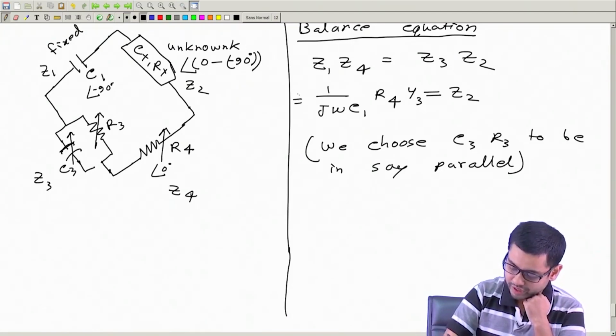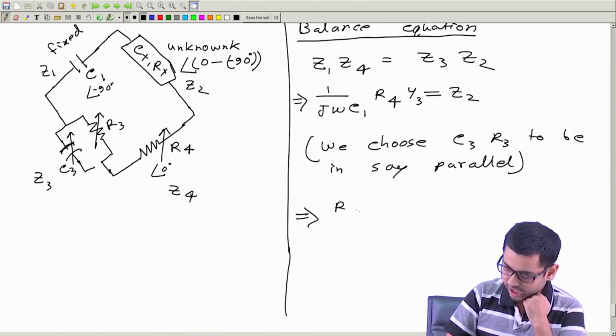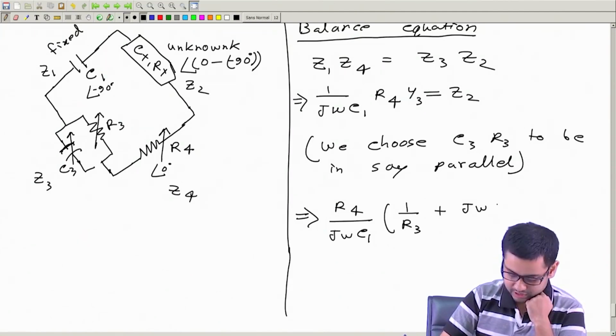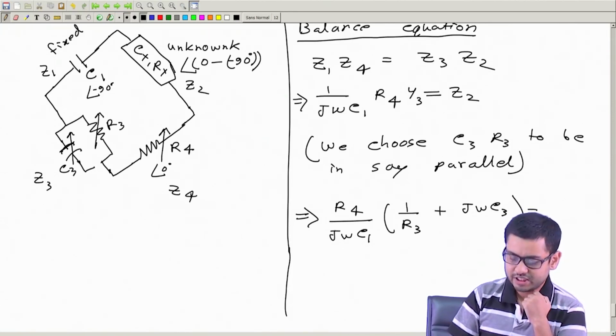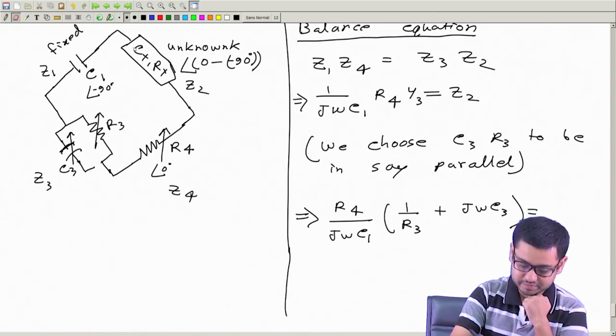So, we have Y3 there, and from this we can write R4 by j omega C1, and Y3 is nothing but 1 by R3 plus j omega C3. This should be Z2. Now, it will be easy if we think this in series combination.